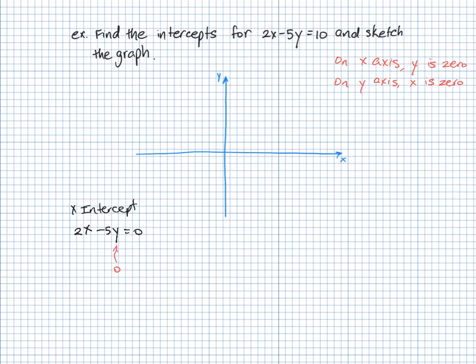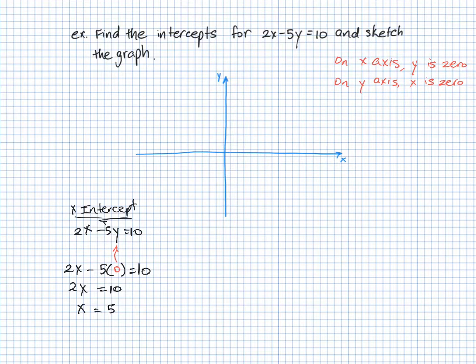So we have here 2x minus 5 times 0 is equal to 10, and I can go ahead and solve for x. Oh, that should be 10, I'm sorry, the 10 got missing here. Now it's there. So 2x minus 5 times 0 is 10, so 2x is 10, and therefore x is 5. And that is our x-intercept.